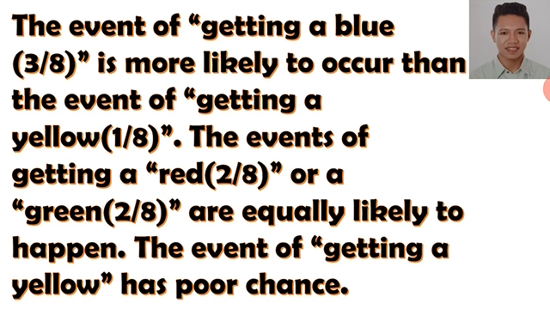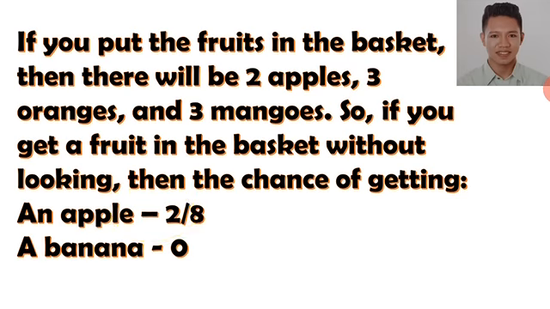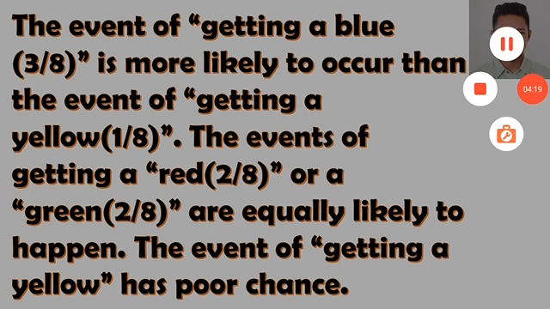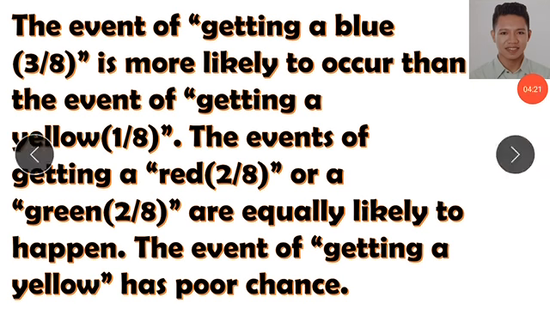Next, the events of getting a red or a green are equally likely to happen. Why? Because they have the same probability, which is 2/8.